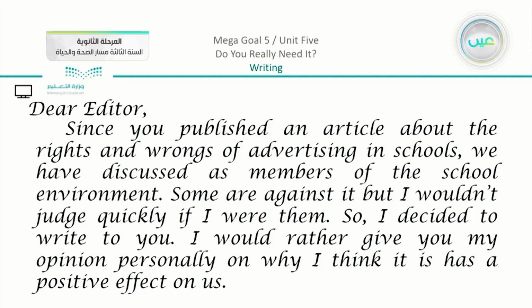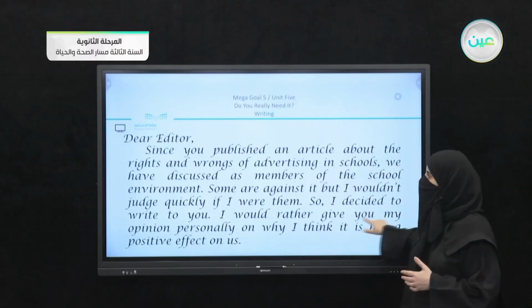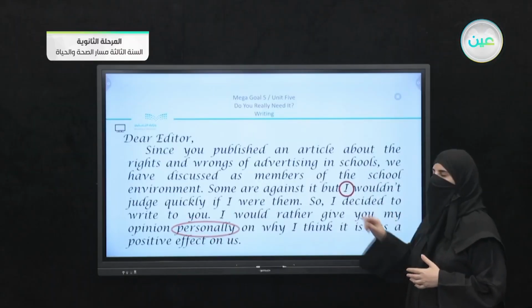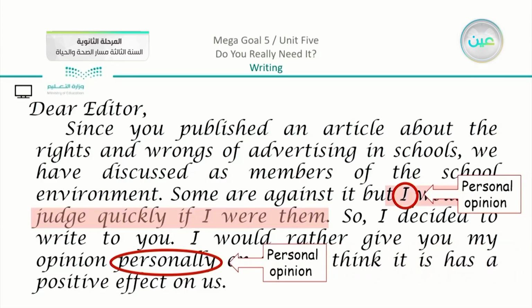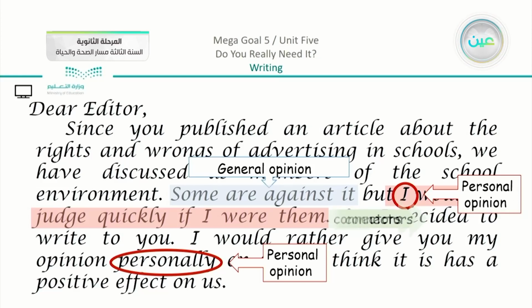Now you can see here that I have applied a lot of things. You can see that we have here I and personally, which gives the personal opinion here. I also used something else, which is some are against, which gives us the general opinion as we were asked. We also have so, which means that we have connectors here.